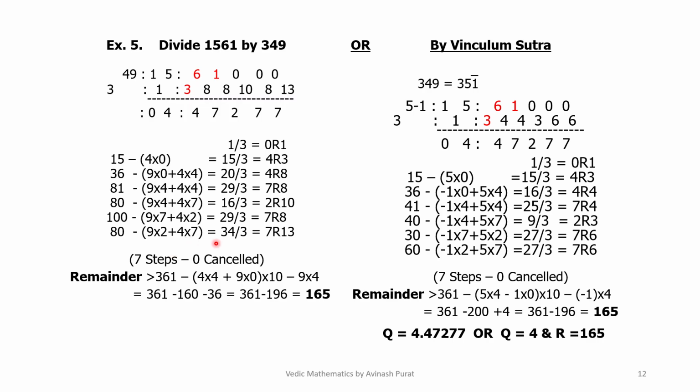That gives us 80 minus 46, 34 by 3 equal to 7, remainder 13. Now here we find 7 steps are there and none is cancelled.